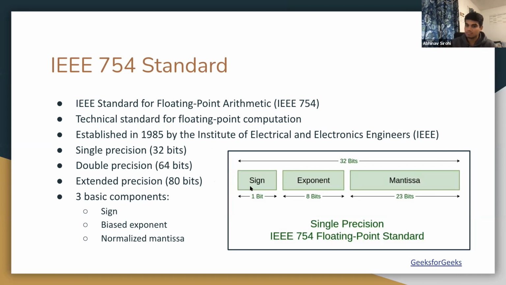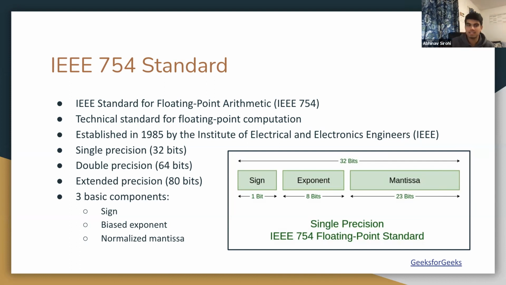So what the sign is, it's just 1 bit, which represents if it's a positive or negative number. If it's 0, it'll be a positive number. If it's 1, it'll be a negative number. And the exponent represents what the exponent is going to be on the number when it's written in scientific notation.